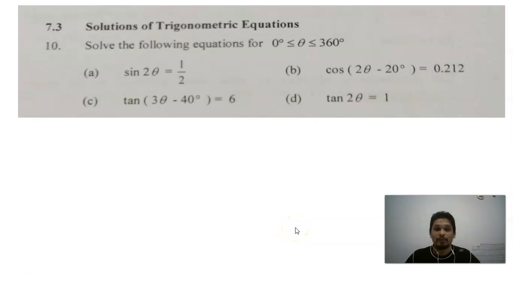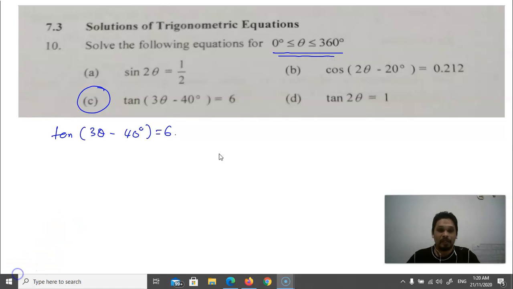I'm not going to solve all these 4 questions for all of you. I'm going to choose one, and I do hope that it helps you continue with the rest of the questions. So I chose C: tangent of 3 theta minus 40 degrees equals 6. Imagine theta lies between 0 and 360 degrees.